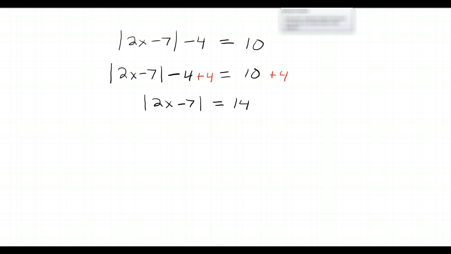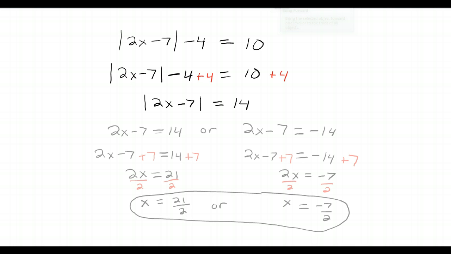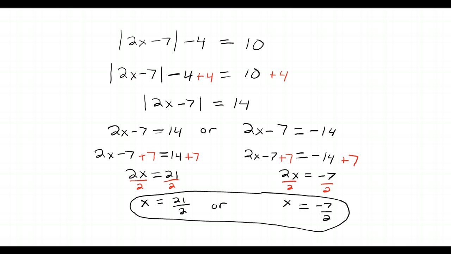Okay, I've added 4 to both sides. Now I have the absolute value of some stuff equals 14. I can write down my 2 equations connected by the word or and finish the problem. So we end up with x equals negative 21 halves or x equals negative 7 halves.